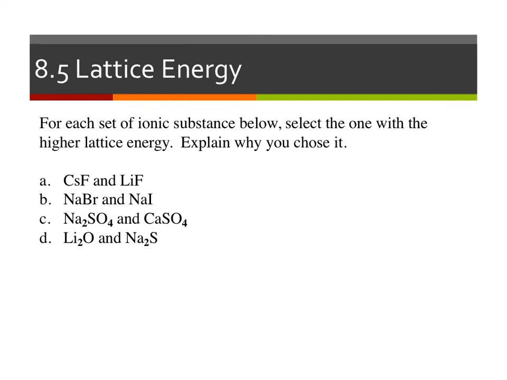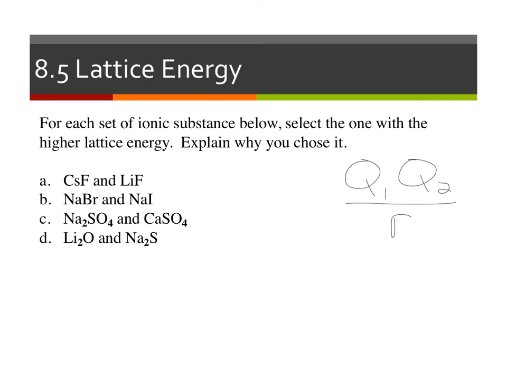All right. So for each set of ionic substances, select the one with the higher lattice energy. And this is just the one that comes together, not the formation, the lattice energy, and explain why. Well, it's ionic again. Okay, so we have Q1, Q2 over R, because charge and distance is how we have positive and negative ions. This is what describes the attraction between them. So this is very similar to their bond strength energies.